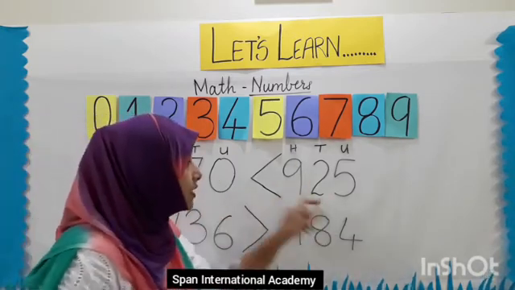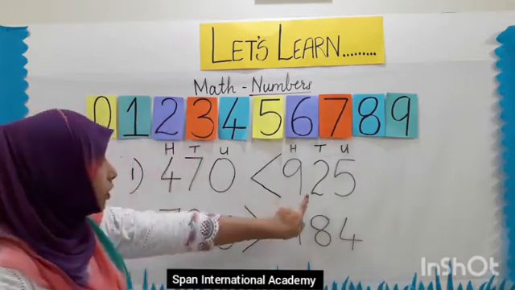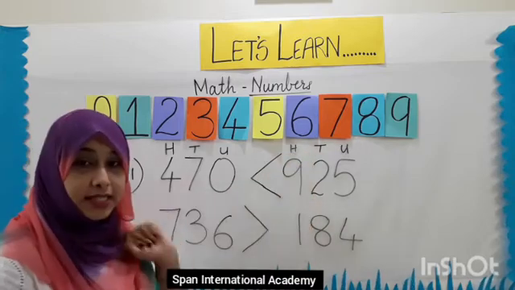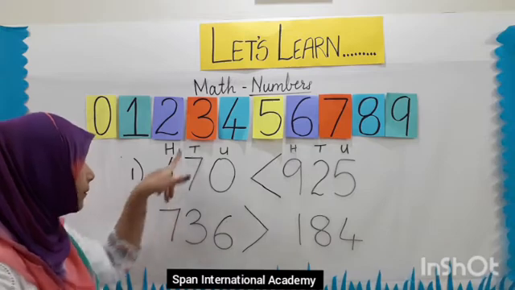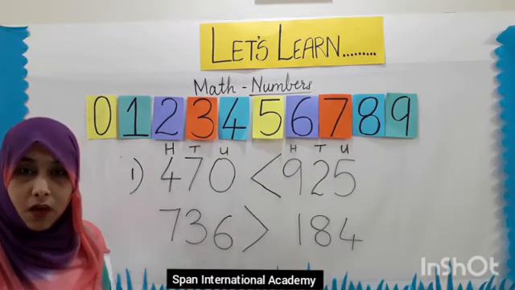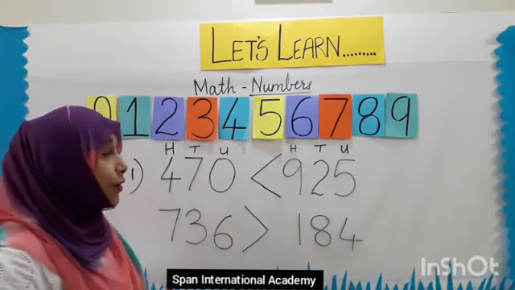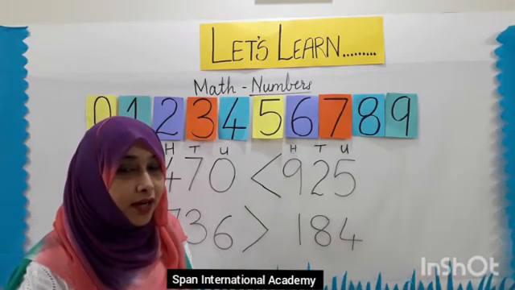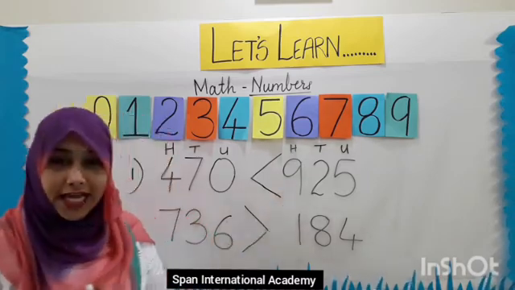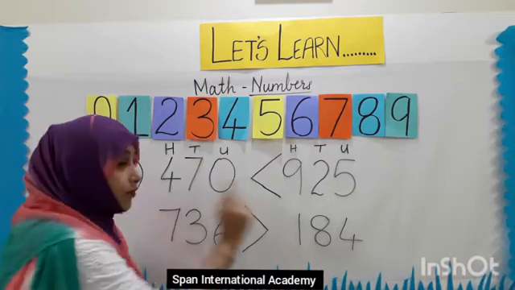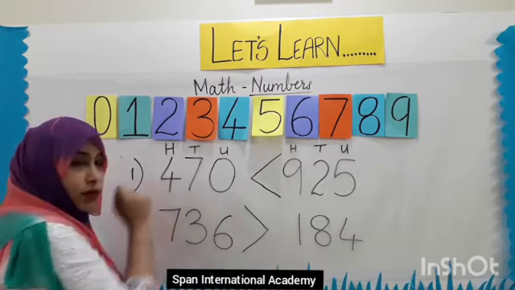Now we move to our second place. That is the tens place. Here we have 2 tens, okay? And here in this number we have 7 tens. So, does this number become big? No. We need to wait for the, yes, good job, hundreds place. Look over here. We have 9 hundreds and 4 hundreds here.